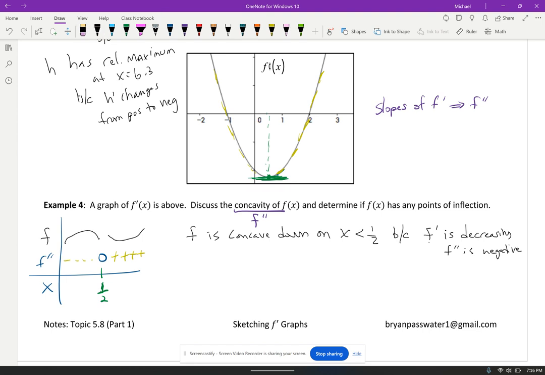And I can say that f is concave up on x's that are greater than 1/2 because f prime is increasing, meaning the second derivative of f is positive. Okay, so reread those statements, see if they make sense.